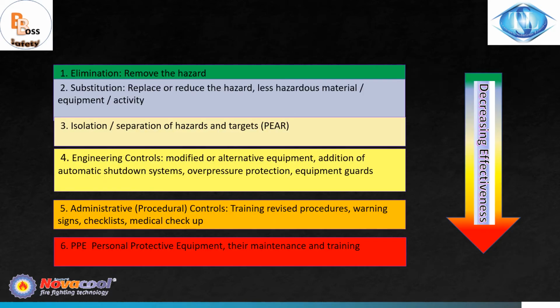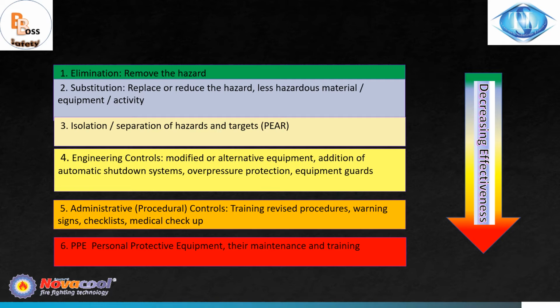Okay, here the explanation I just mentioned, and you can see the arrow on the right side, which is taking the same colors of the hierarchy of controls, and the safest one will be the elimination or removal of the hazard completely.